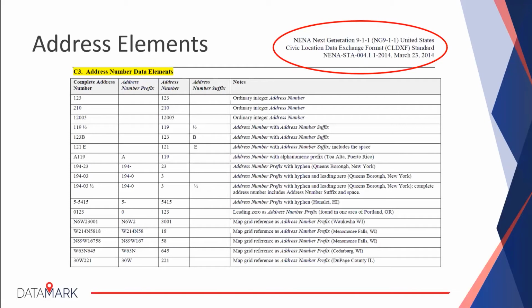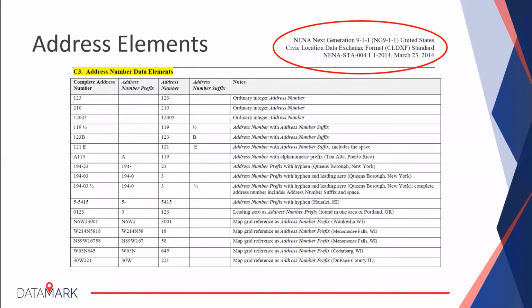And this is one example of those tables where it demonstrates ordinary integer address numbers with suffixes like fractionals and letters, address numbers with prefixes.